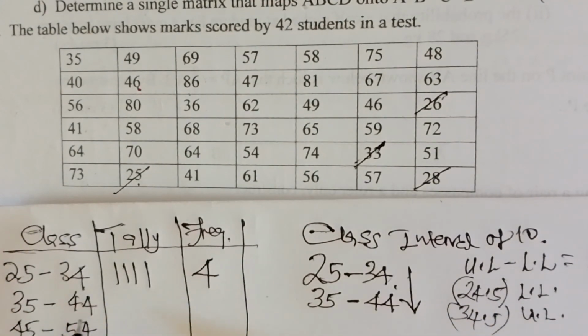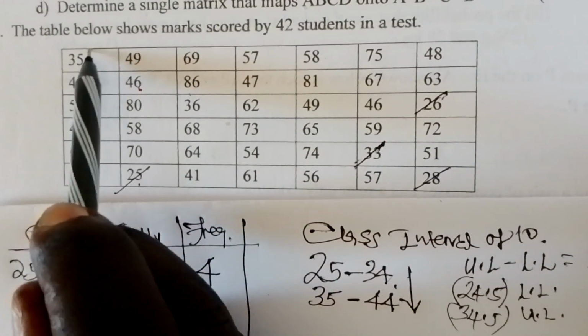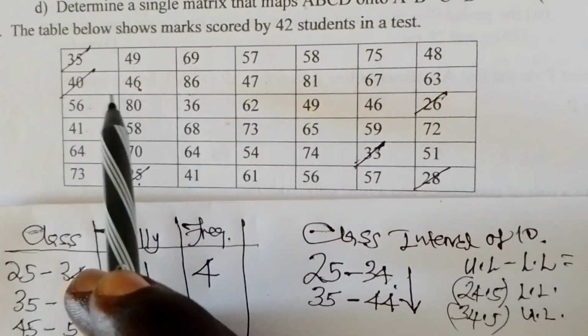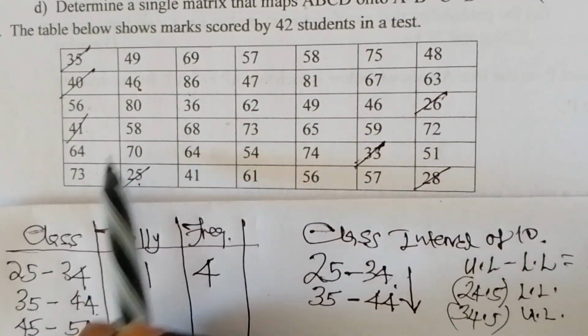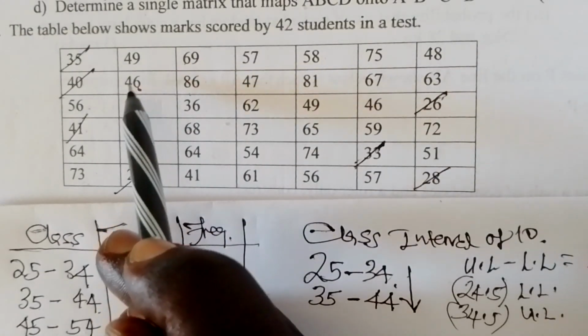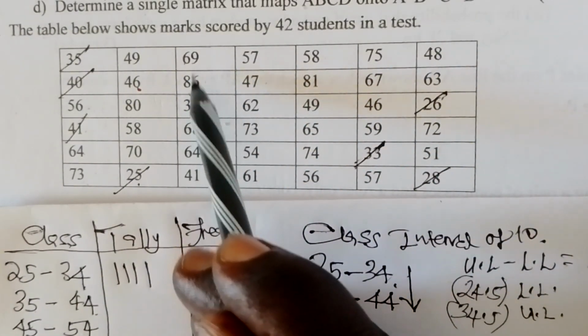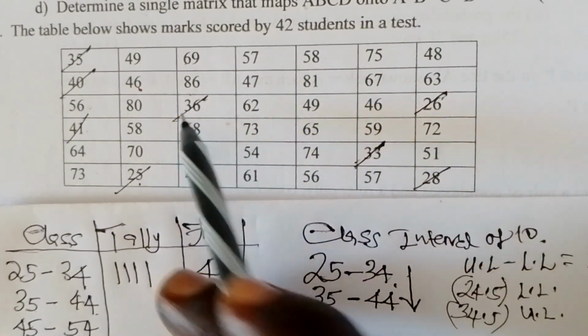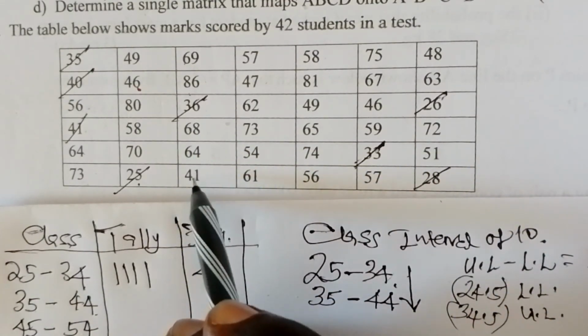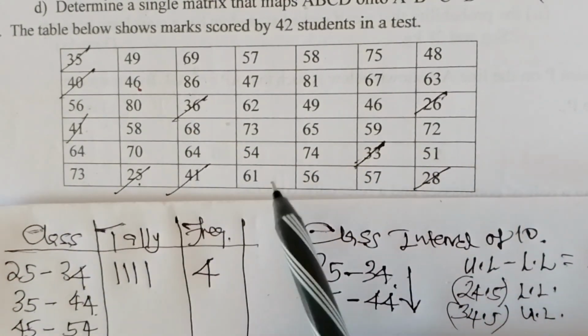So between 35 and 44, we go back to the data. We have 1, 2, 3, 4, 5.